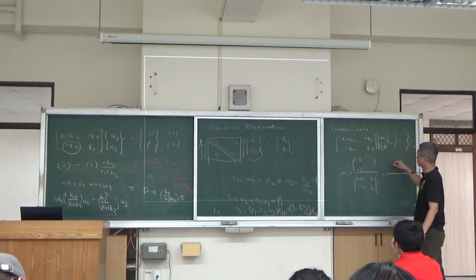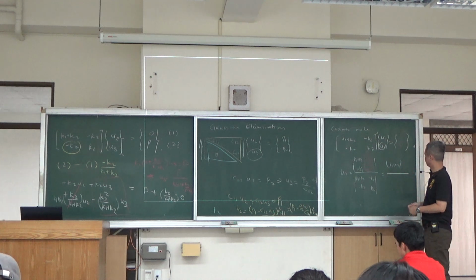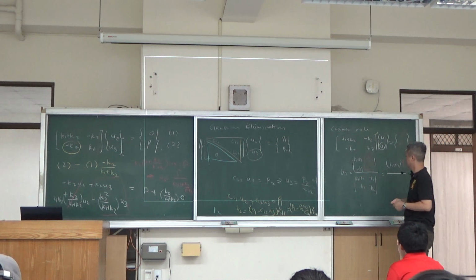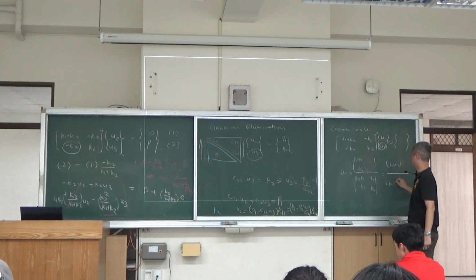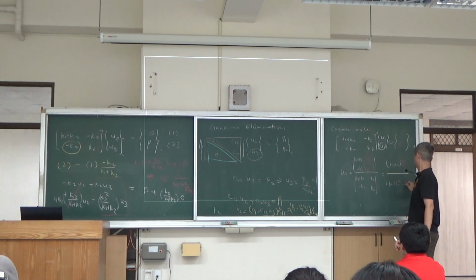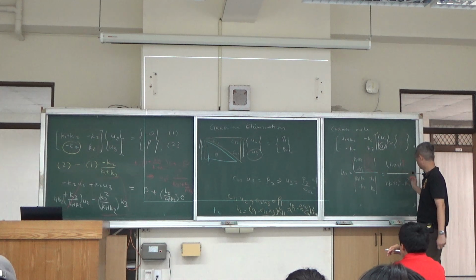Okay, so this determinant is then k1 plus k2 times p. And then here you have the k1 plus k2 plus k2 squared minus k2 squared. Okay? So that is going to do the solution.